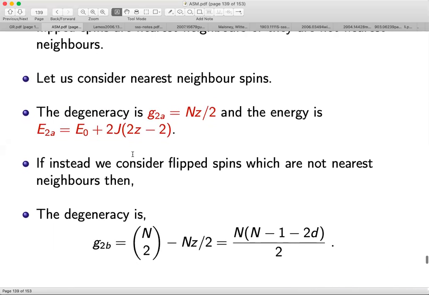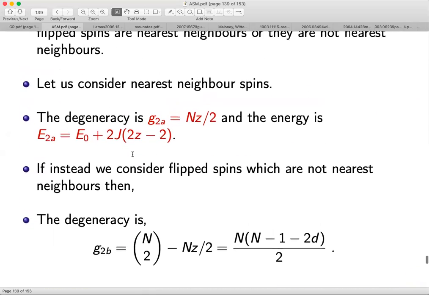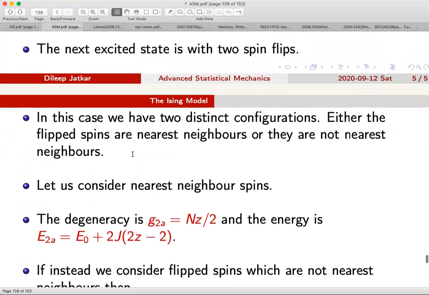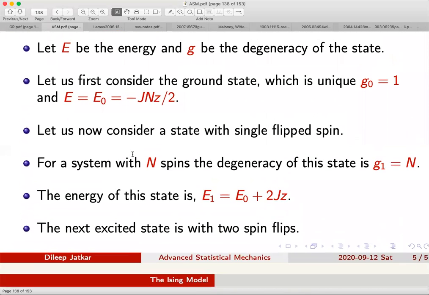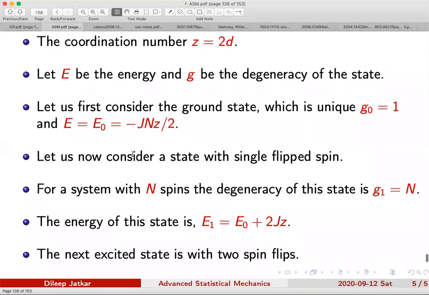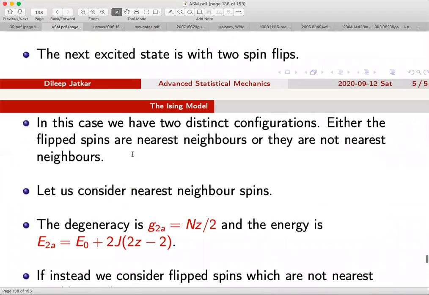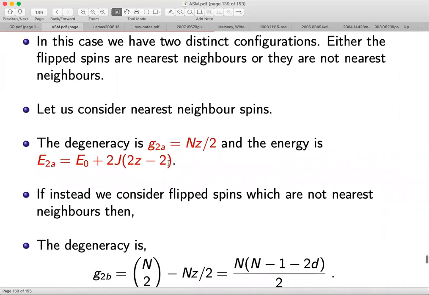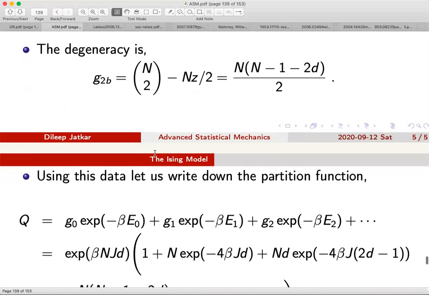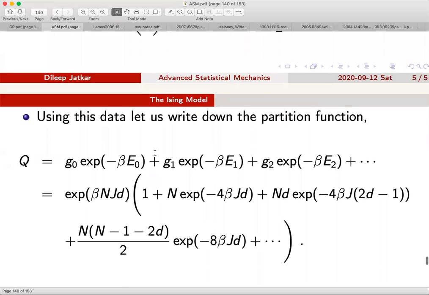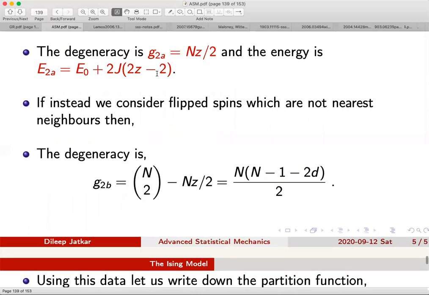So yes, it should be minus 1, right? Because there's only one link between the two spins. I was also wondering about it while talking. Let me just check. Maybe it is just one. It should be one probably. It occurred to me also that it should have been. I'll take a look at it. I also feel that it should have been just one because I have written 2J outside this.